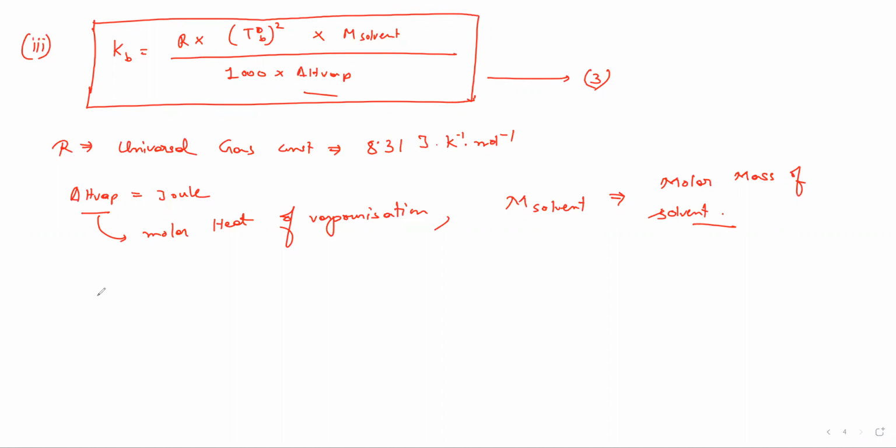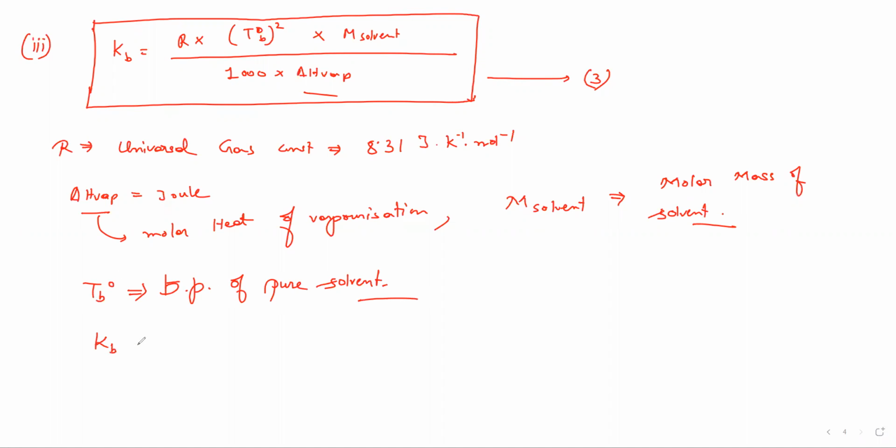Okay. And what is Tb naught value? Tb naught value is the boiling point of the pure solvent. What is Kb?